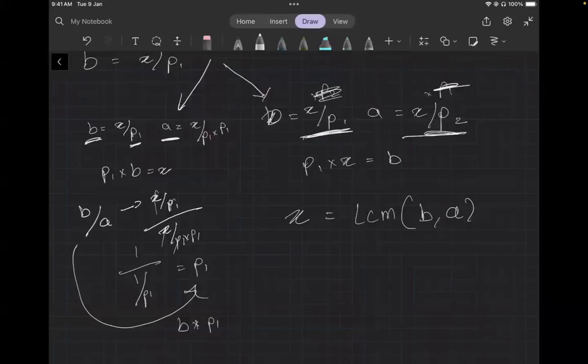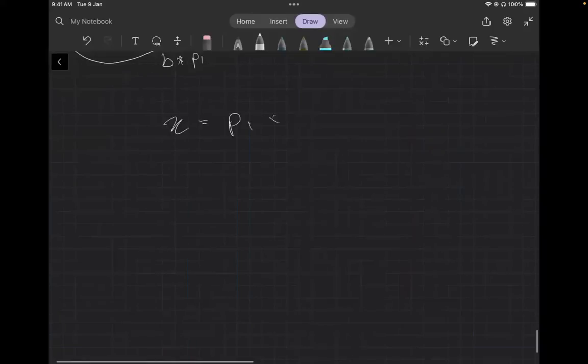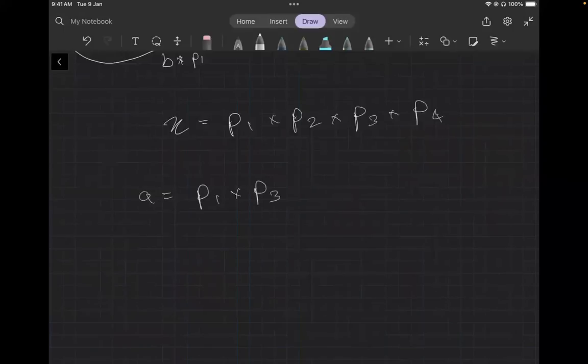Now someone correctly asked, why does this hold true? So what is x? X is P1 into P2 into, let's say, P3 into P4. And A is x divided by P2, which is P1 into P3 into P4, and so on.